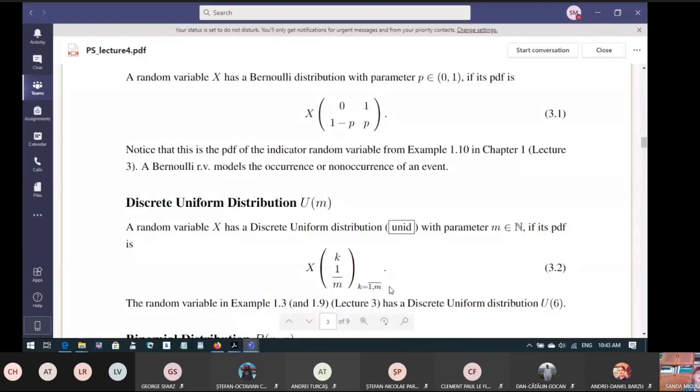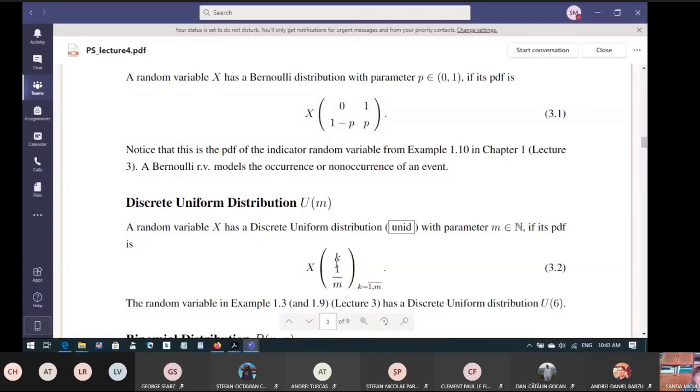That's the idea of a uniform distribution, and that's going to be the idea of a continuous uniform distribution as well, only then the probability will be uniformly distributed not on a discrete set like here, but on a continuous set, basically an interval. All right, so values 1, 2, 3 to m, each of them equally probable with probability 1 over m.